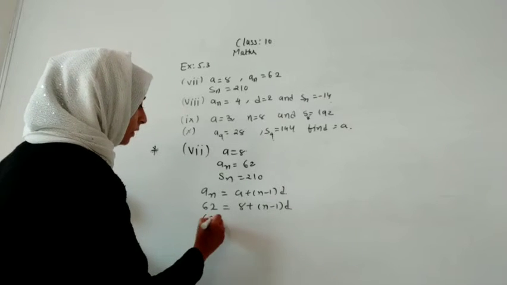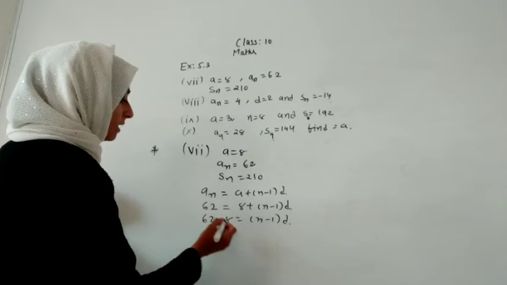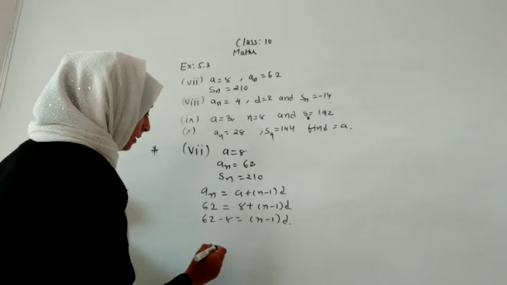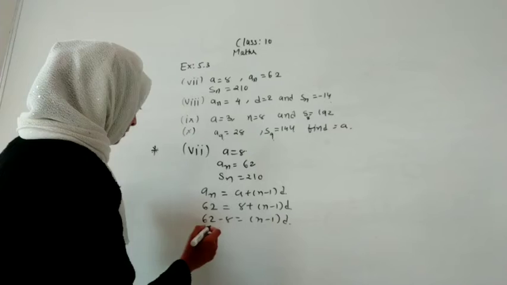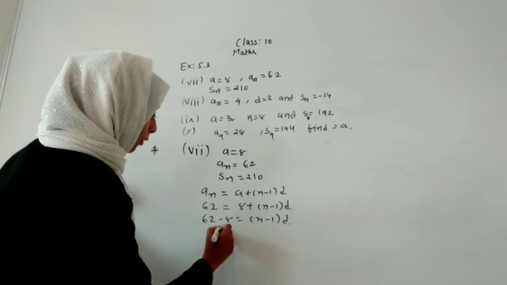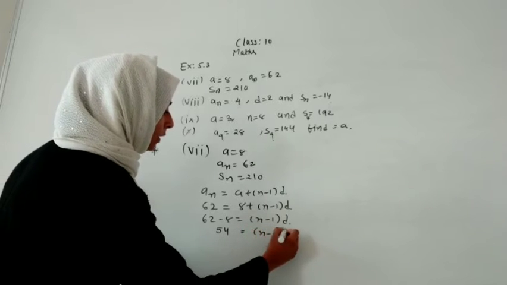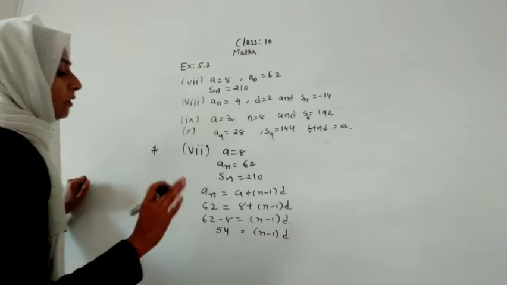So let us shift it. Here we get 62 minus 8, which is 54, equal to (n minus 1) into d. So this we have.